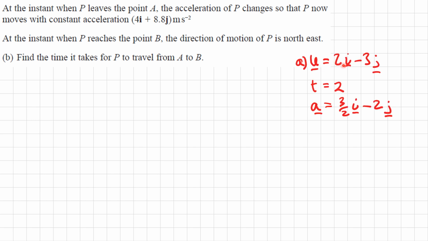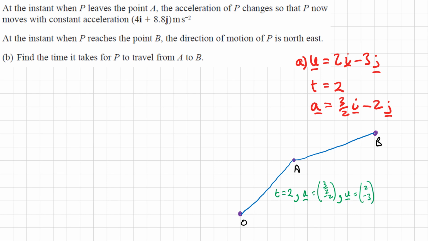Now I've got my results from part a. The acceleration is what I worked out and you were given, and just to give you a rough idea of what's going on, this is not to scale, this is not to say exactly how something is moving, but I'm going to label these points as O, A and B. I do know that from O to A the time was 2 seconds, the acceleration was 3 over 2, minus 2, and the initial velocity u was 2, minus 3, just as column vectors.